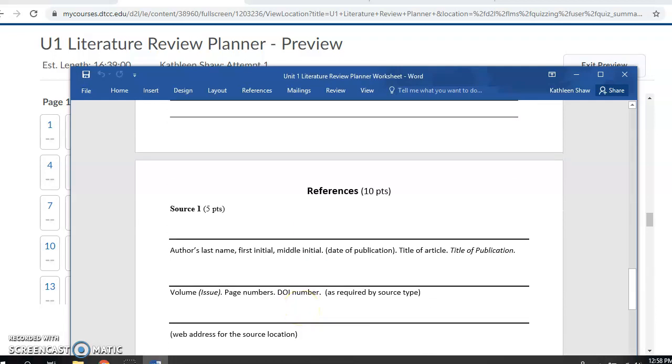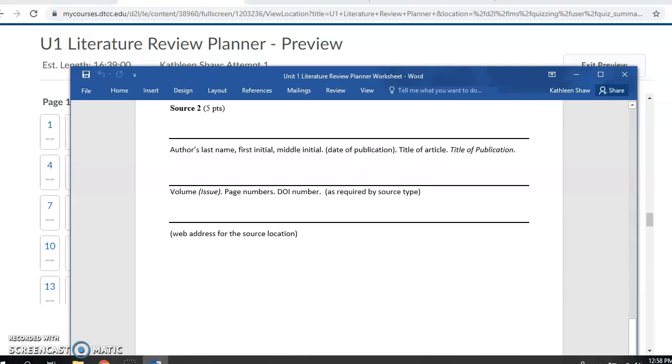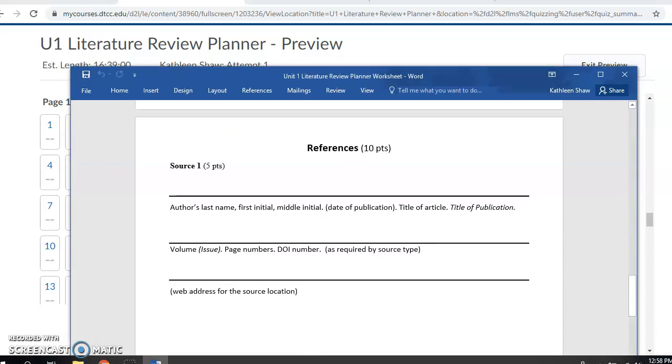And then down here, for the references, you have all of this information listed here. This is going to be the same information that you will see for the references that are included in the PowerPoint that you looked at that was attached to the announcement.